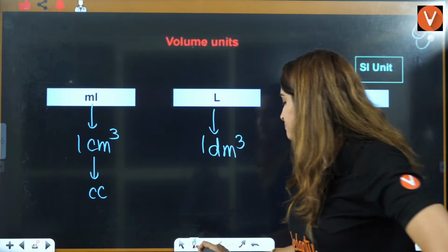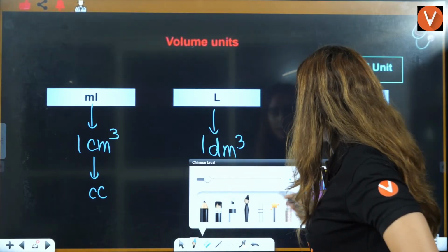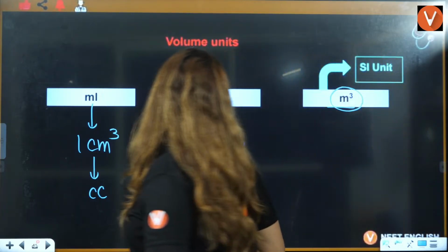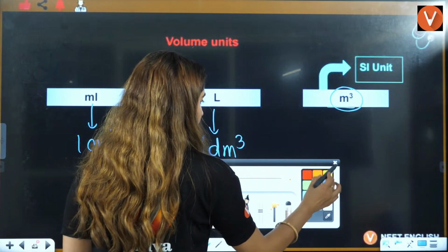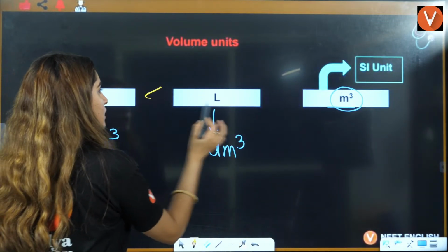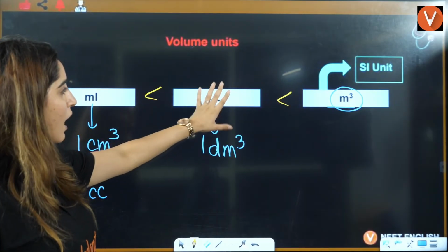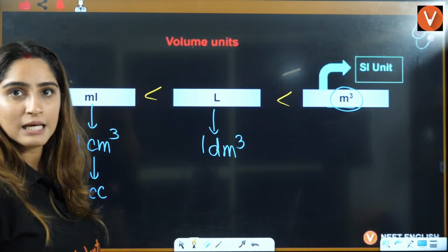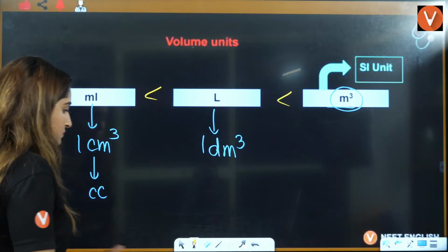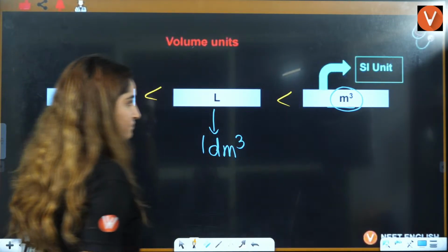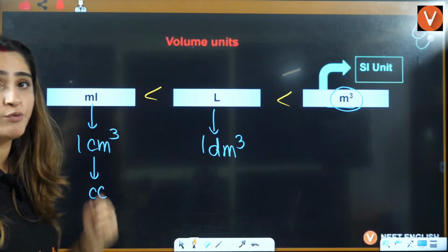Now, see this thing here. Meter cube is largest, then you have this, then you have this. Now, beta, see how to do the conversions.